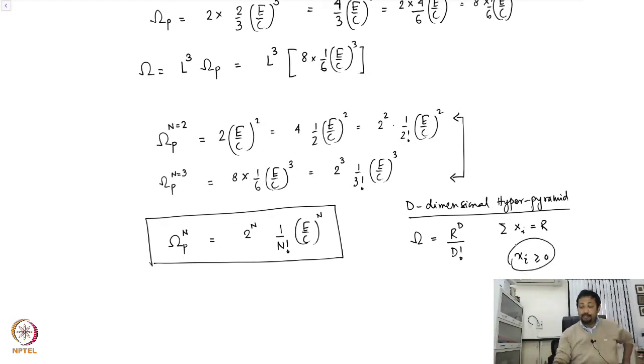If you impose this x_i greater than 0, then you have this expression. If you say that, look, I do not want to impose that, then you will come up with this additional factor of 2. And here the additional factor of 2 comes in because the momenta can be either positive or negative.